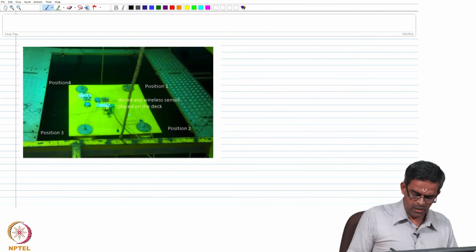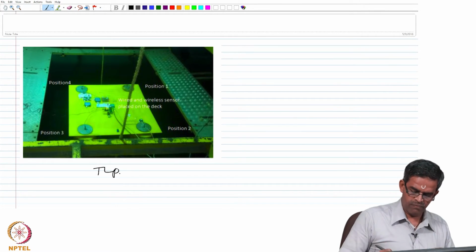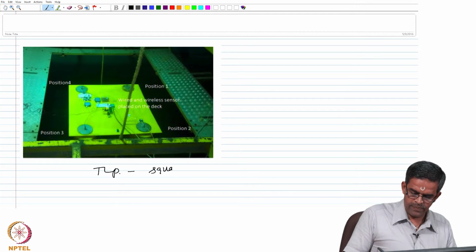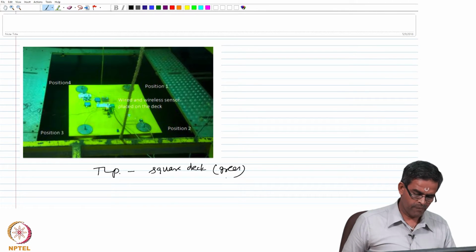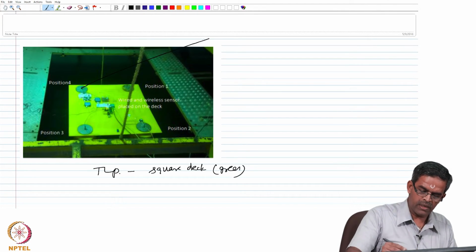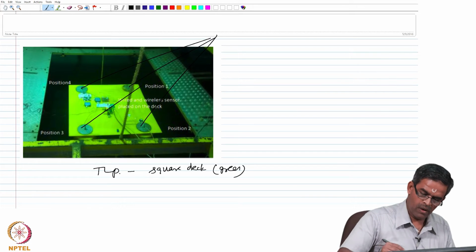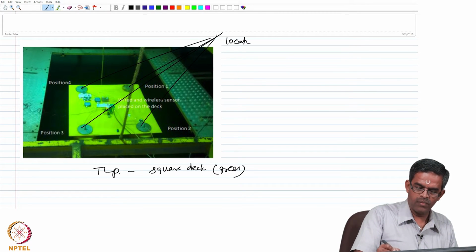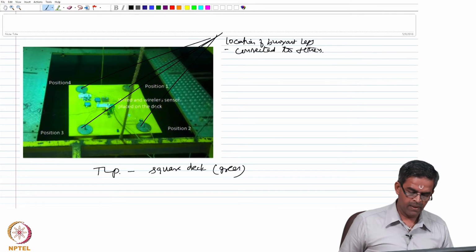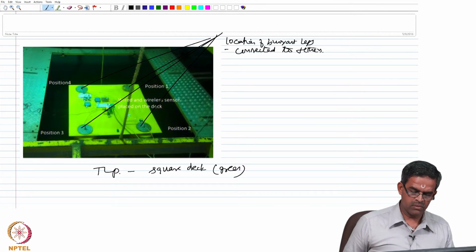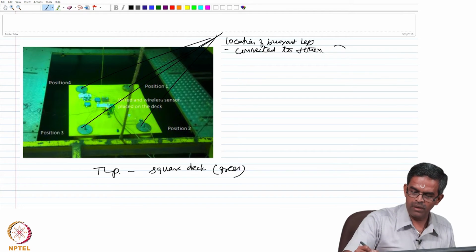The model you see here is a tension leg platform having a square deck, which is painted green in color. All the four corners which I am marking here are the locations of buoyant legs, which are further connected to the tethers, marked as position 1, 2, 3 and 4 in a clockwise rotation.